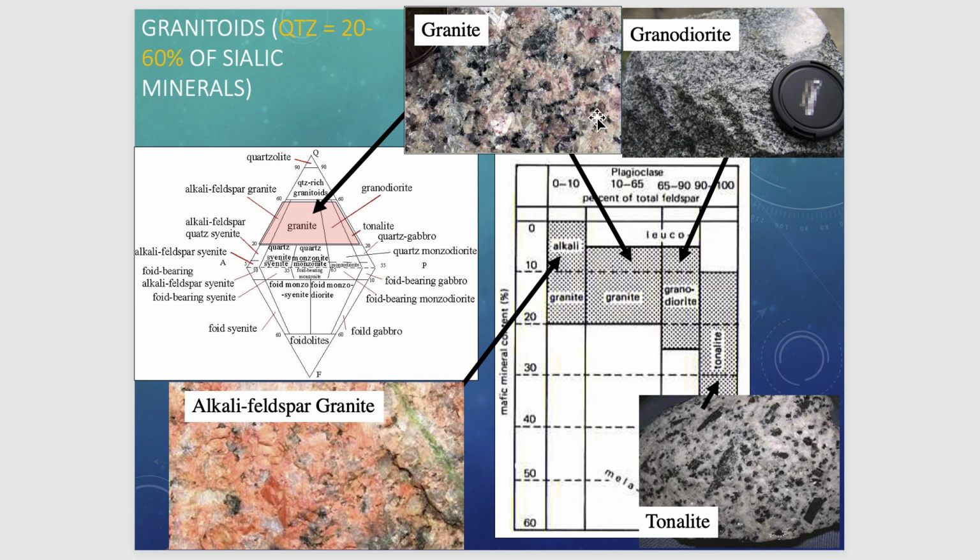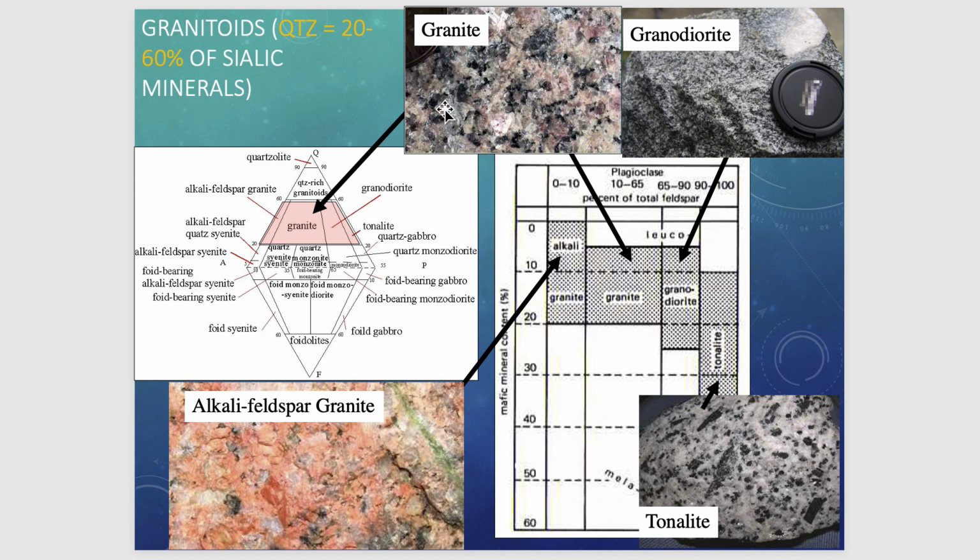So there are pinkish and whitish feldspars, two compositions for the feldspars, which puts you right in the middle of this diagram, and so you would call the rock a granite because of that.